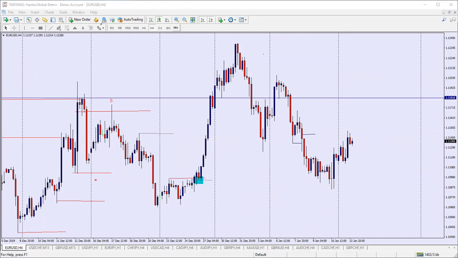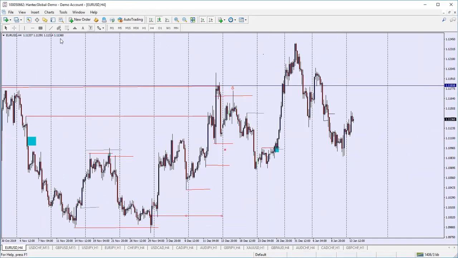Now I can see it well. I don't have to go back and forth all the time. So we had this candle right here clearing out all of that. You know, we had pending orders below that, or we had stop losses below this level, and boom, it cleared all of that. And so that was needed to put back in the market.